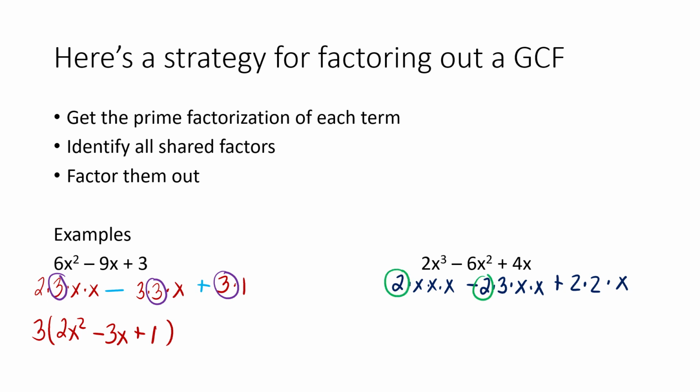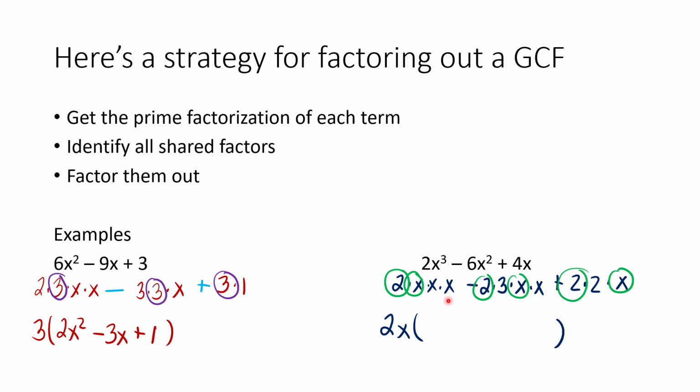And if you stop at the 2, you would get a common factor, but not the greatest common factor, because what I also see that they share is an x in common. So my greatest common factor is not a 2 and not an x, but 2x. I would actually multiply them together, and we're going to factor out a 2x.